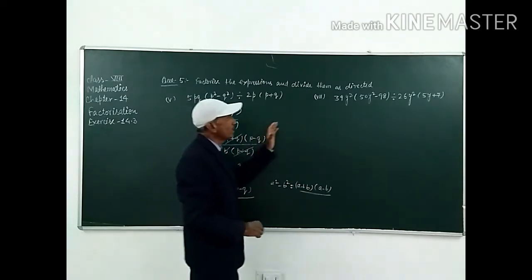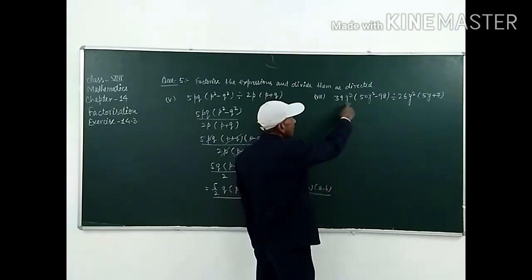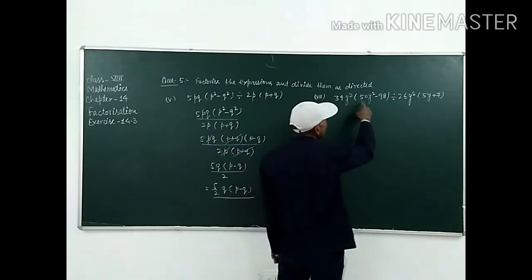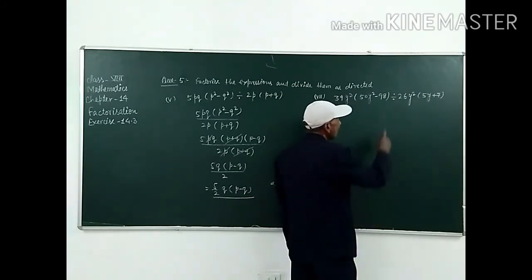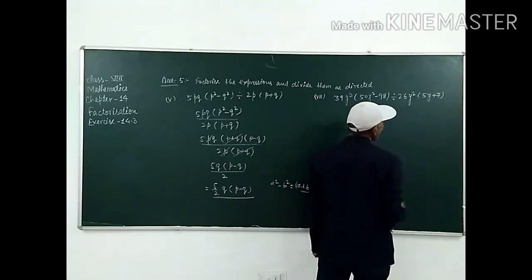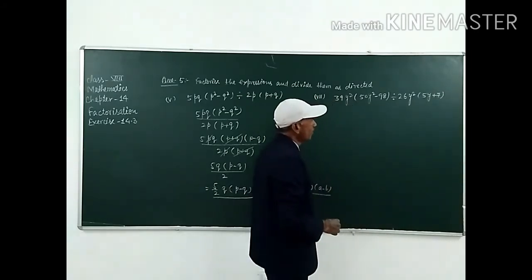And in this part student, part 7 of question number 5, there is 39y cube into 50y square minus 98, divided by 26y square into 5y plus 7.